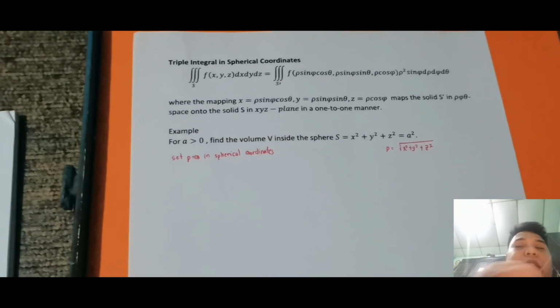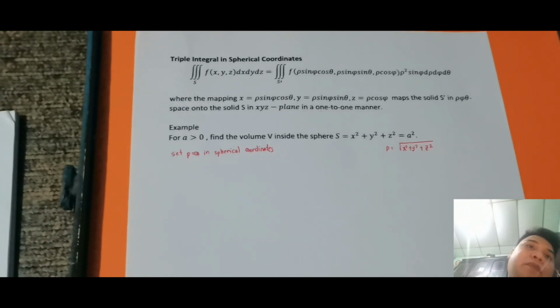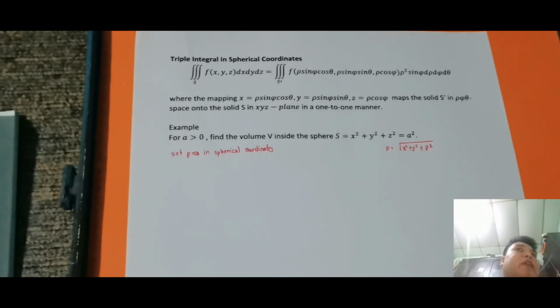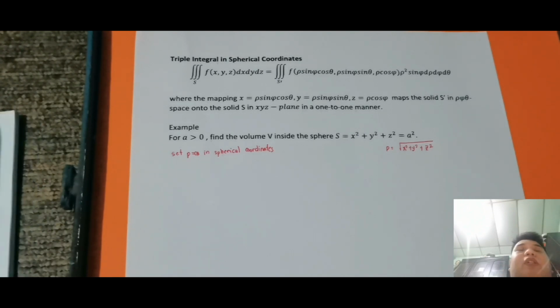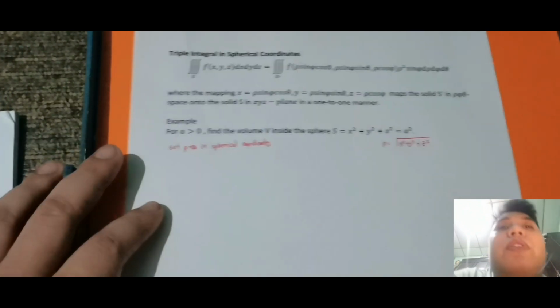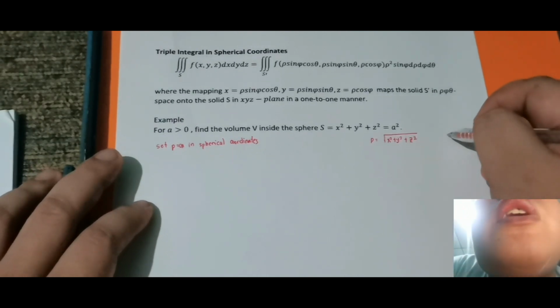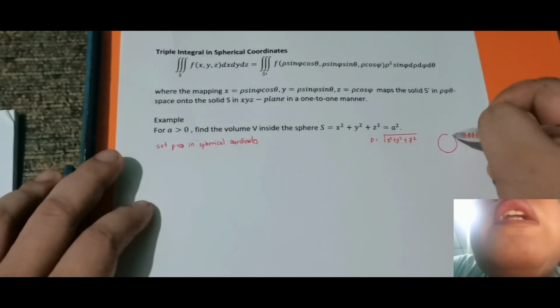Okay, so ngayon, ano ba yung gagawin natin in terms sa kanyang ikot? Since a is greater than 0, try natin gamitin yung pinakamaliit na possible na sphere, unit sphere, na ang radius is 1. Dito, since bilog siya, walang nagpa-pattern, spherical siya in nature.